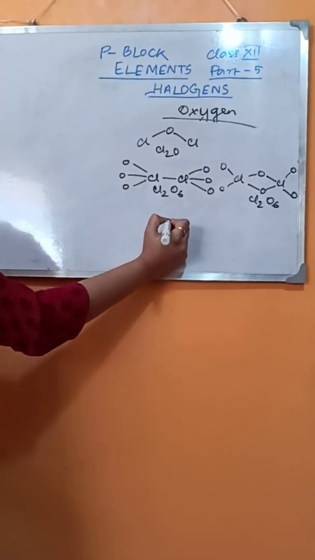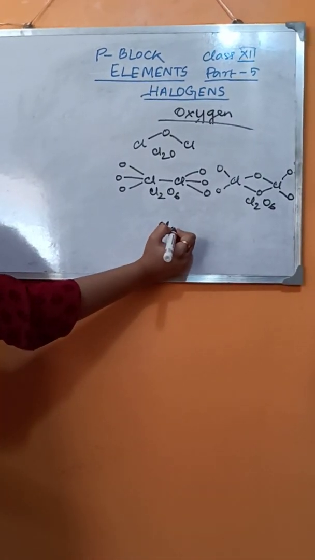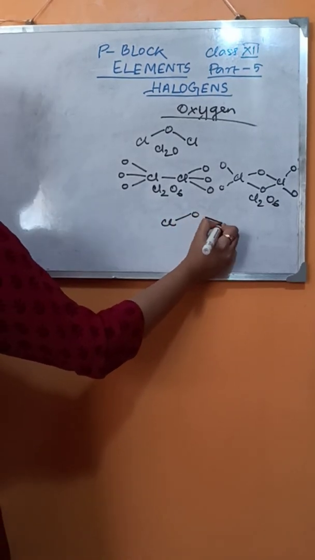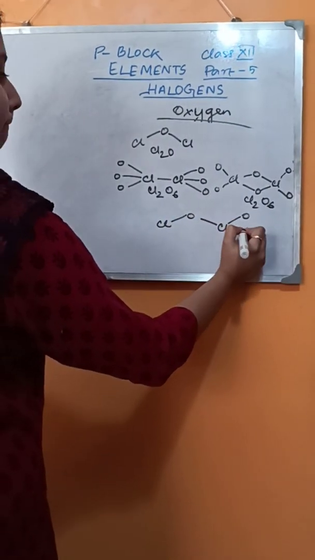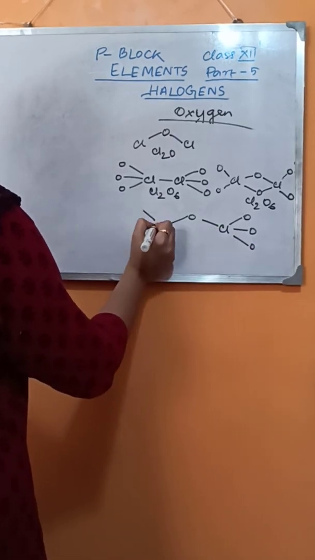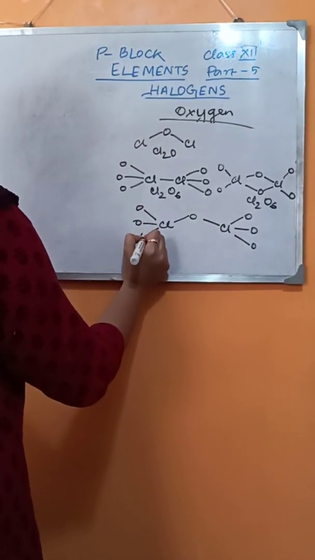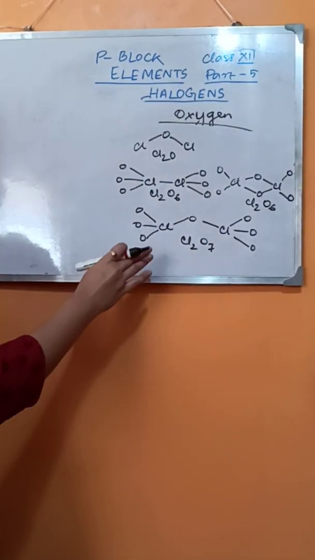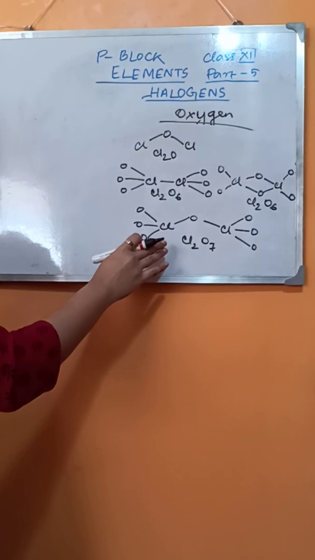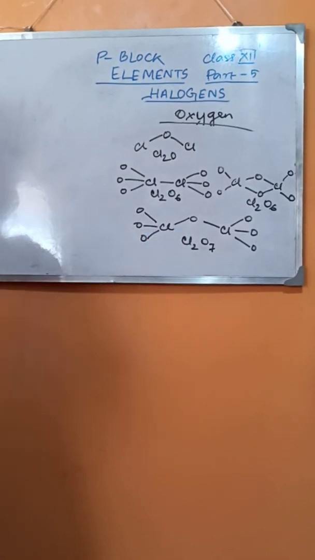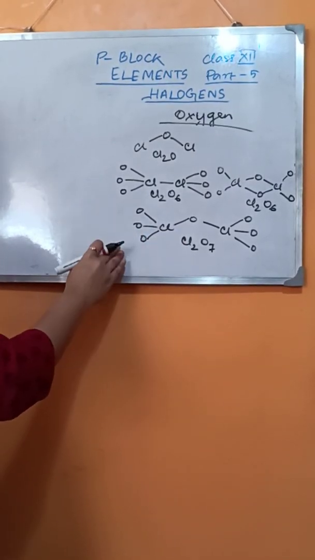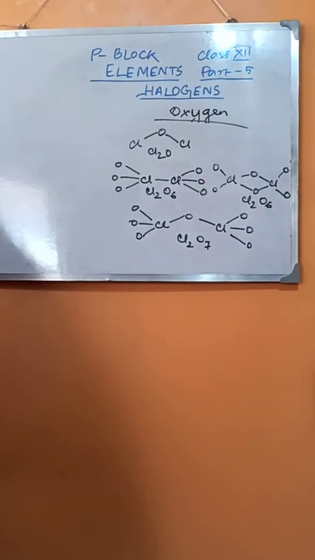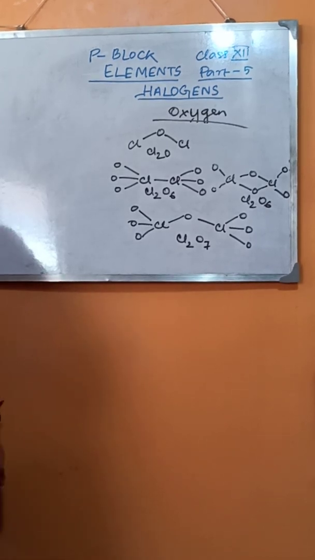Okay, and the last structure, okay, this is the last structure of the oxides of chlorine. Structures are very important here. You must know the structures. Another structure is of iodine pentoxide.